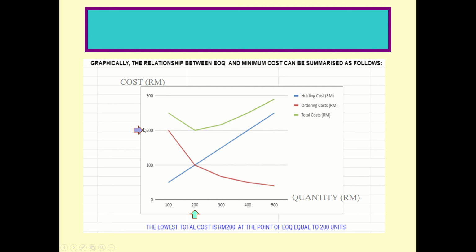And the point of EOQ is this, at 200 unit. So this is the quantity that will give the company the lowest total cost. Okay, so the lowest total cost is 200 ringgit at the point of EOQ equal to 200 unit.